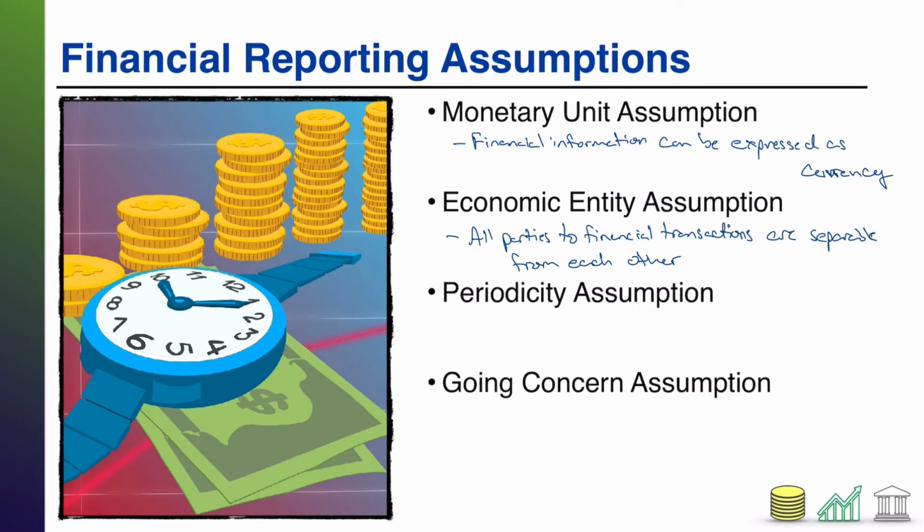Well, it means that they are their own entities. And since this is financial transactions, they are their own economic entities. So if you have company A doing a financial transaction with company B, then company A's side of the transaction and impact to company A is separable from company B's side of the transaction and the impact to company B. Company A will report their impact on their financials. Company B will report their impact on their financials. They are their own economic entities.